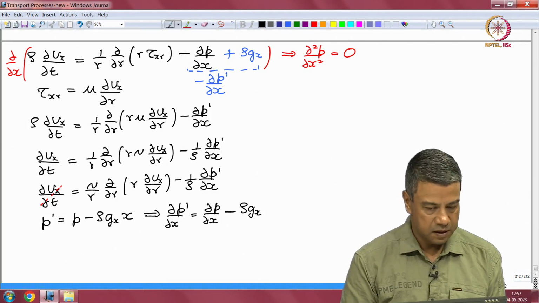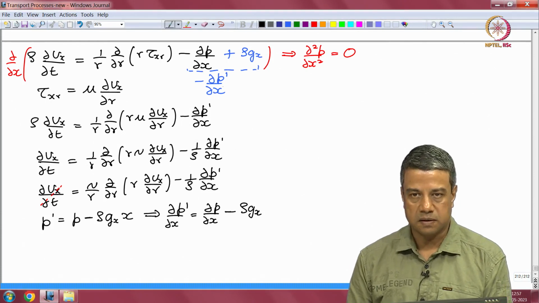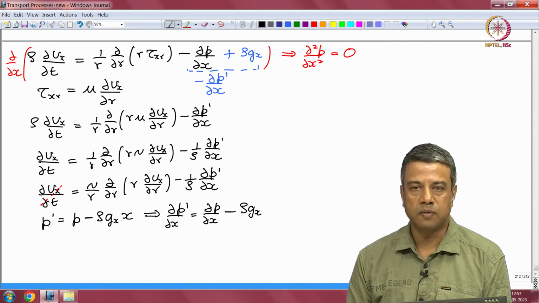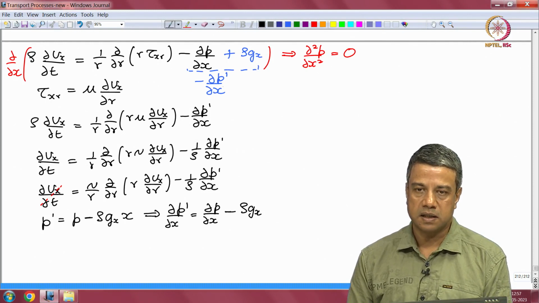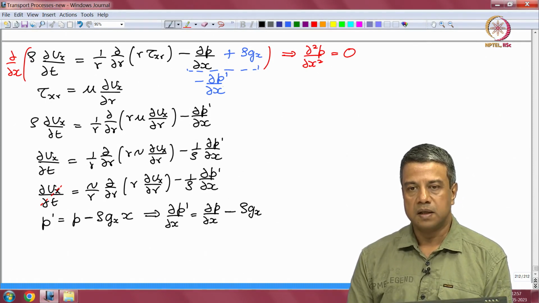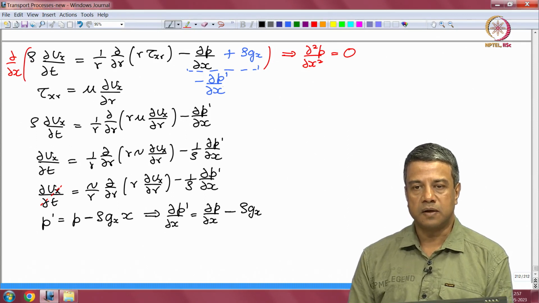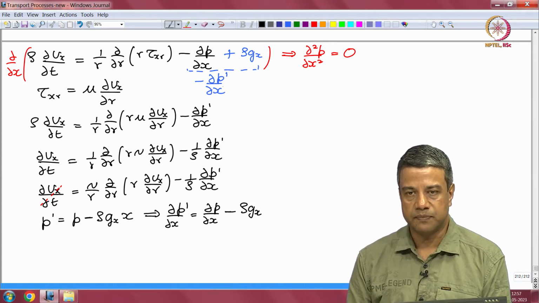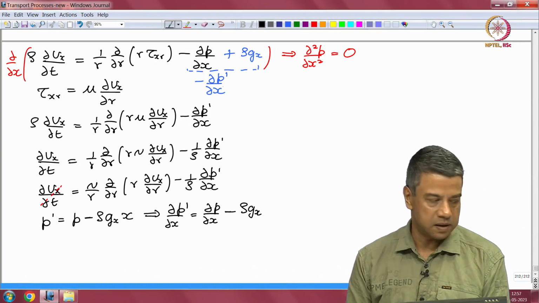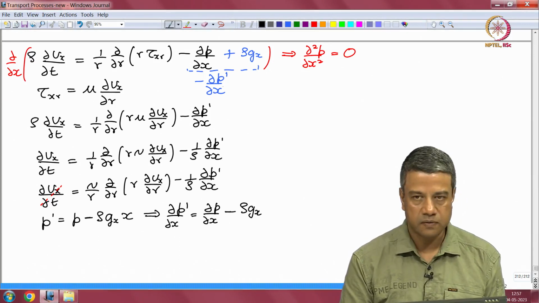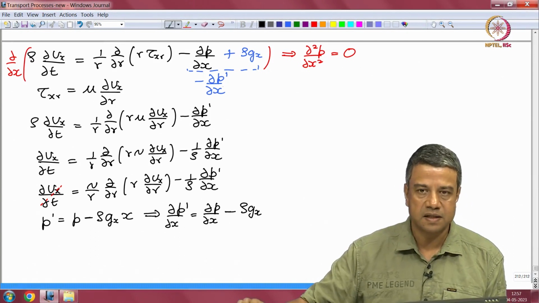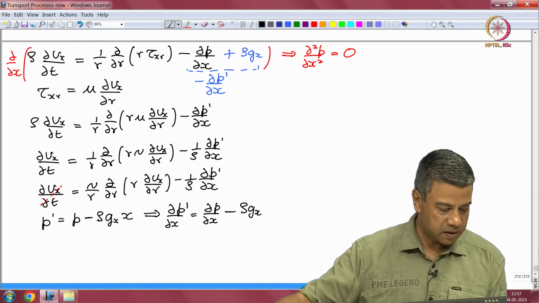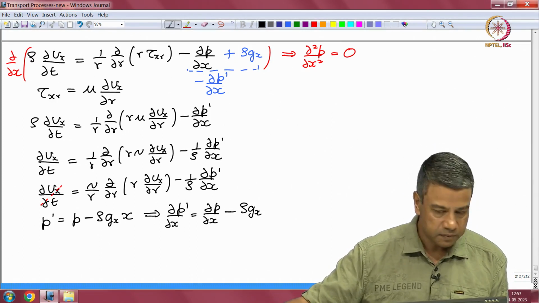Any body force density in the x direction can be incorporated into the definition of the pressure. Basically, a pressure gradient and a body force density are one and the same for an incompressible flow. They serve exactly the same role in the momentum conservation equation.